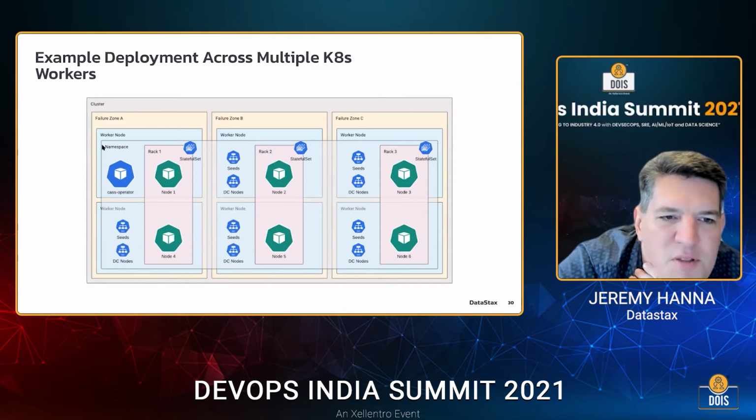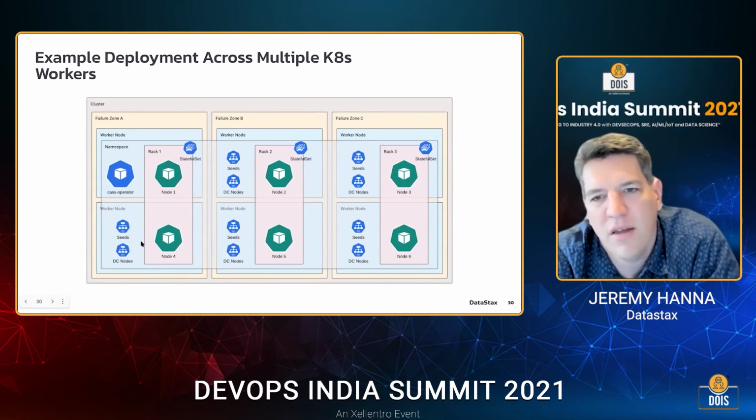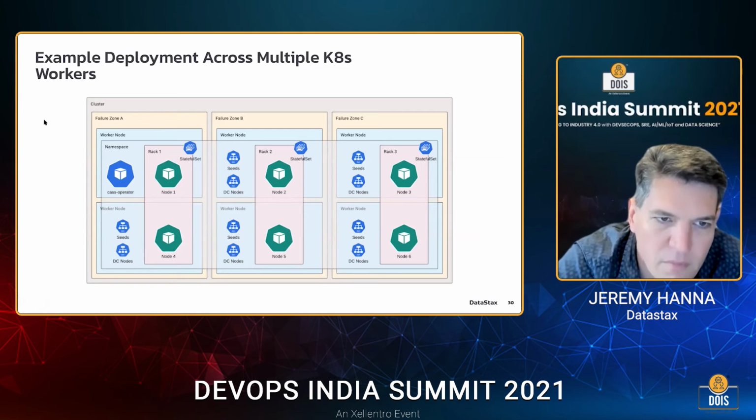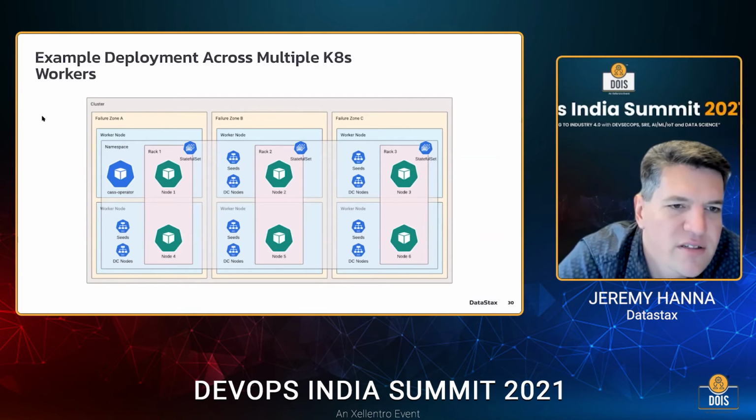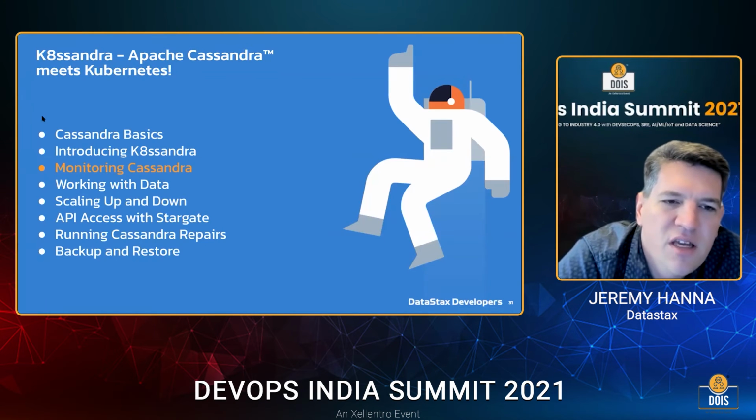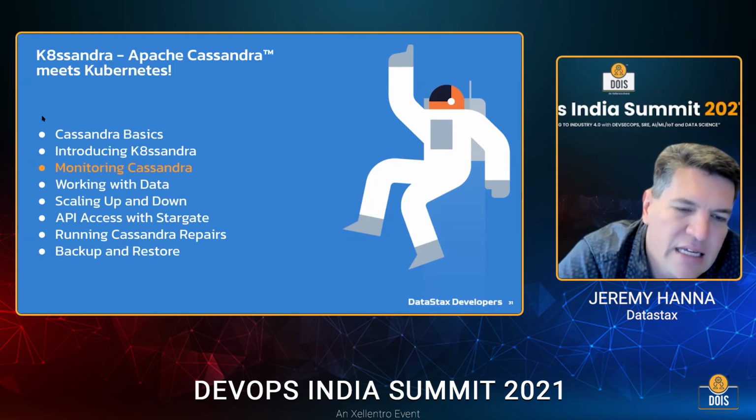And then this namespace is what we talked about before. There's a single namespace, and Cass operator works within that namespace. And then external to our racks, you have the seeds and the definitions of the services. So that's configuring Cassandra and getting it all set up and operating it.